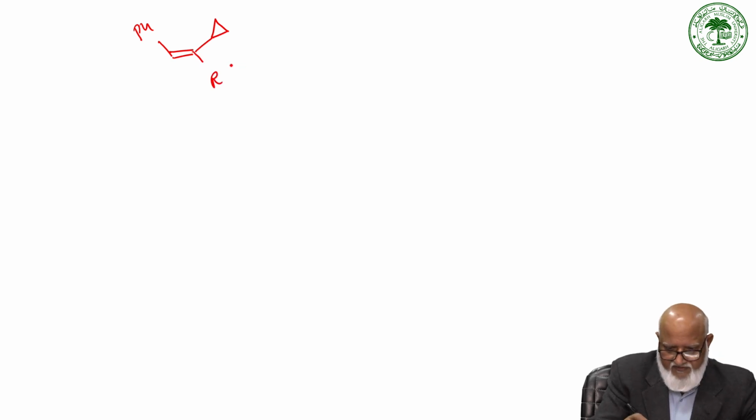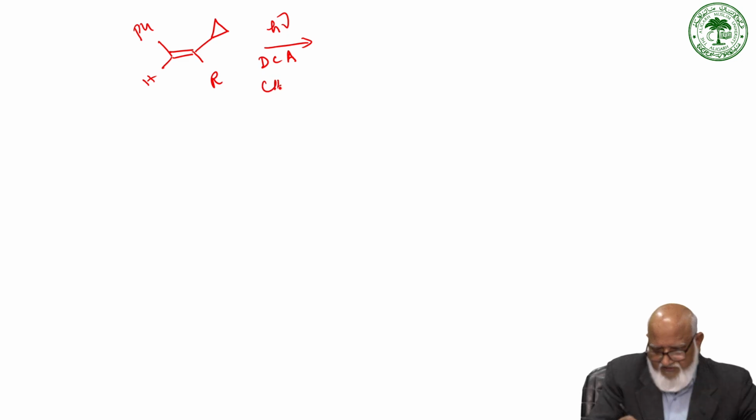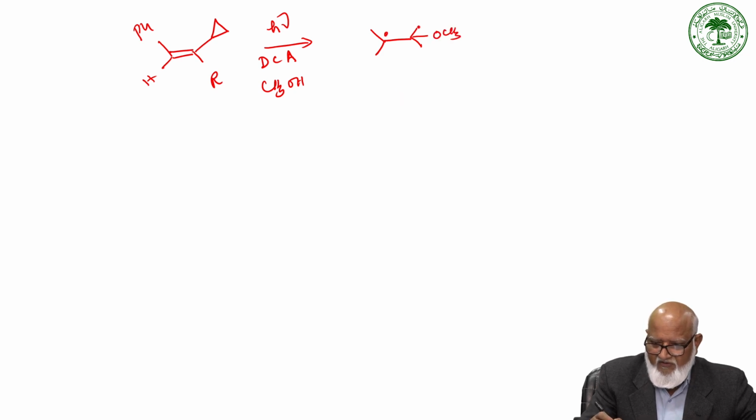If we have an alkene like this, with a phenyl and a cyclopropyl group, an R here, and H, under photolytic conditions with dicyanoanthracene as an electron acceptor and methanol as the solvent, it generates a radical cation, followed by trapping of the cation by methanol, as we have seen in the previous slide.